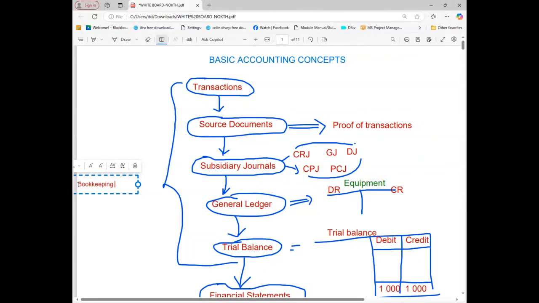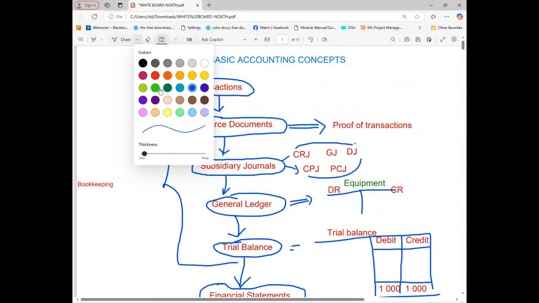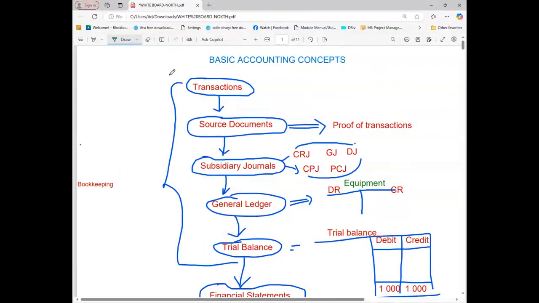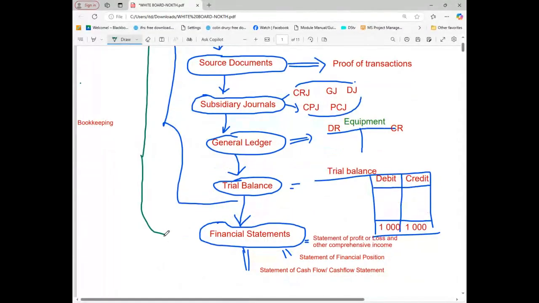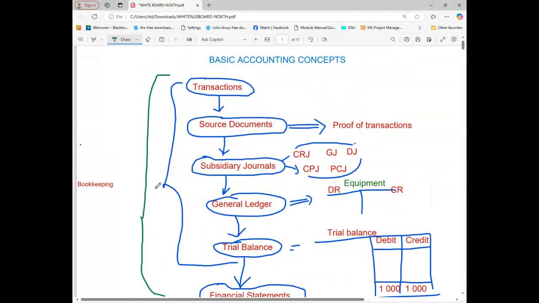But from transaction up to, I mean everything, the whole thing is called accounting.